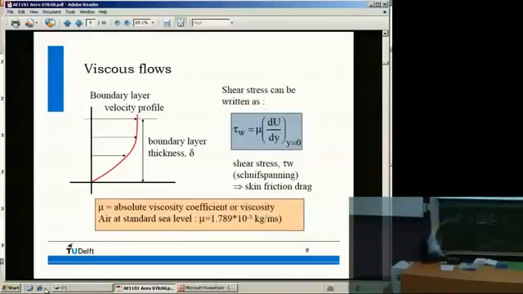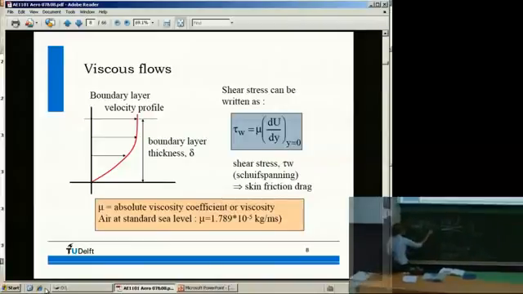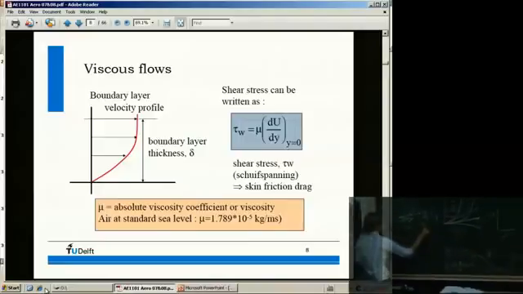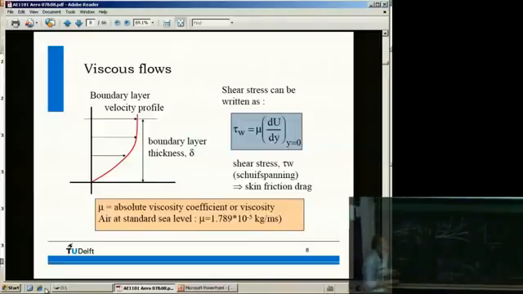The only thing you should know is that what you draw here is actually dy over du. So if it is like this, dy over du is smaller, but du over dy is higher. That's maybe the way to look at it.